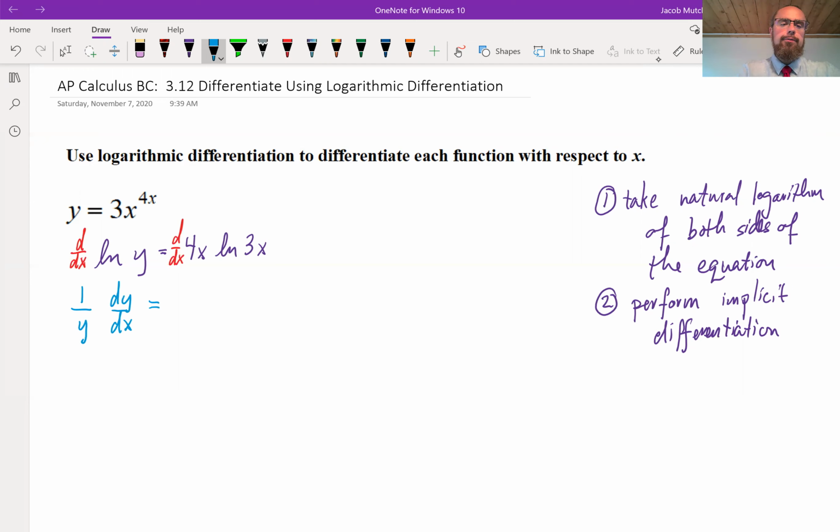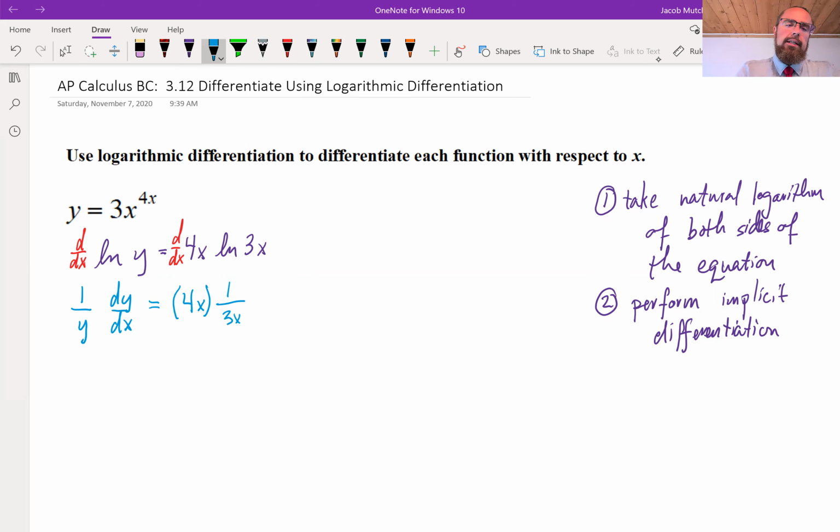Now the derivative with respect to x of 4x times the natural log of 3x is a product, so we need to employ the product rule. That's going to be 4x, that first factor in the product as it is, times the derivative of the natural log of 3x. So that's going to be 1 over 3x.